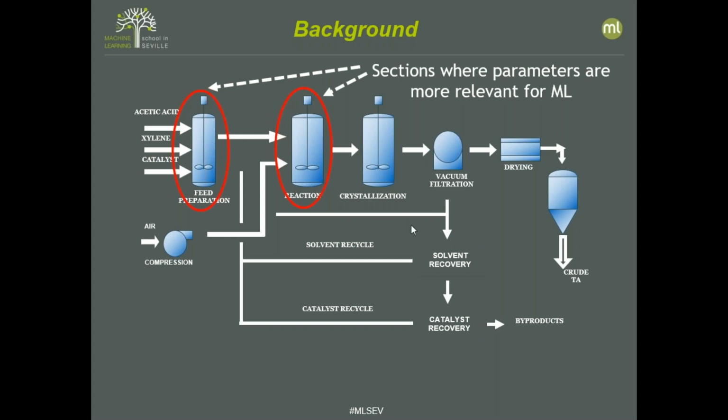There are recycled intermediate effects. There is an effect of air for the oxidation. There are temperature effects. There are pressure effects. There is residence time in reaction, in crystallization also, as well as in filtration conditions, which makes it quite complex to find the optimum.